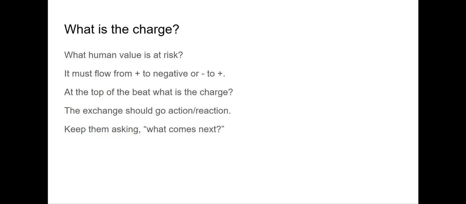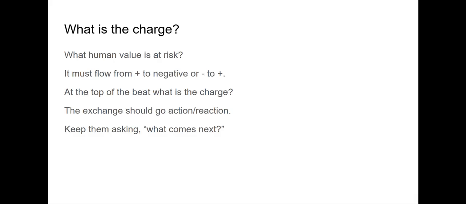So that charge must flow from positive to negative. At the top of the beat, what is the charge? It could be either way, positive or negative. Whatever it is, you have to make sure that at the bottom of the beat, it's the opposite of the beginning, okay? And the exchange should go from action to reaction.